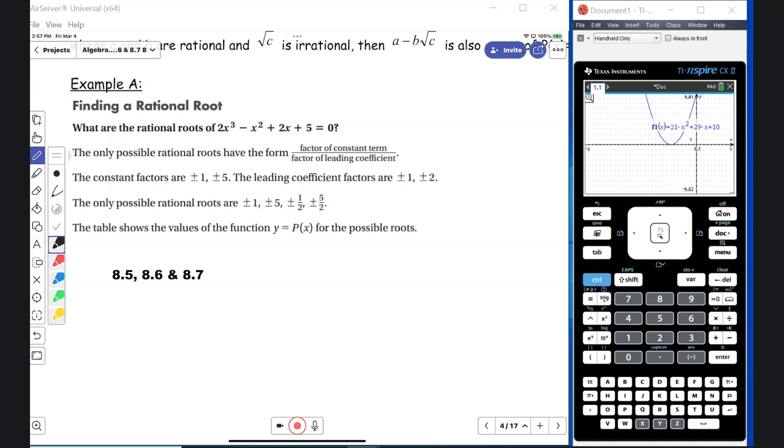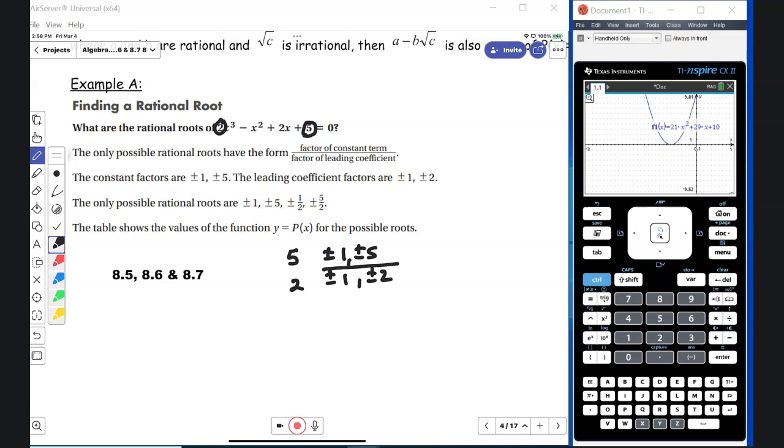So we're going to list the possible roots, and we have to find the factors of 5, which is our constant term, over the factors of the leading term, which is 2. The factors of 5 are plus or minus 1, plus or minus 5. And the factors of our leading coefficient, which is 2, are plus or minus 1, plus or minus 2.